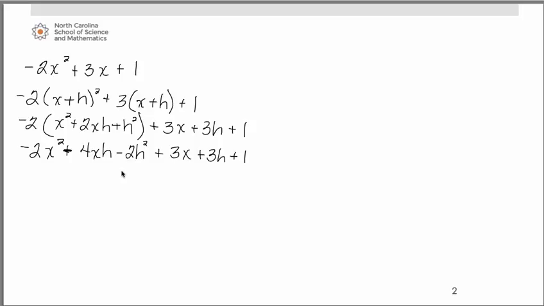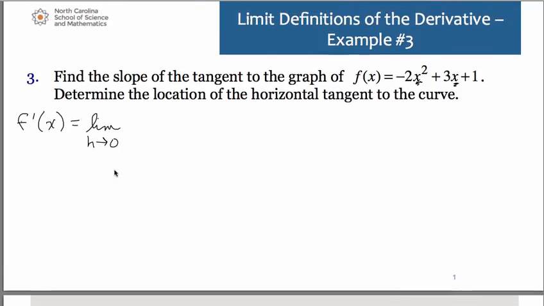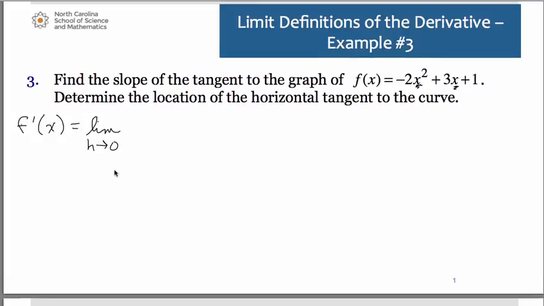All right, so that becomes the first part of our numerator. So let's go back up and copy that in. And I'm going to put it in parentheses just to offset it a little bit. So it was negative 2x squared minus 4xh minus 2h squared plus 3x.